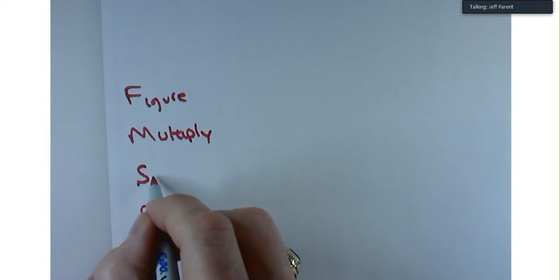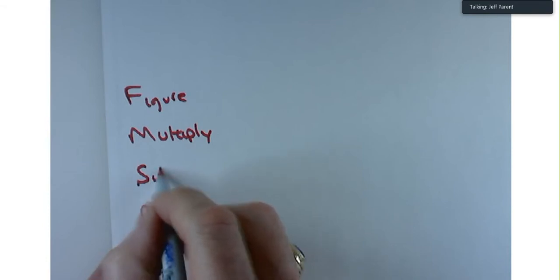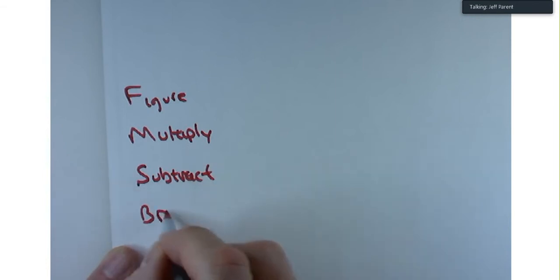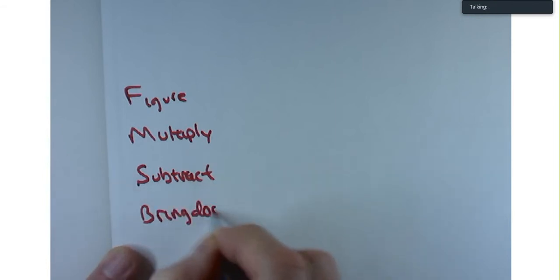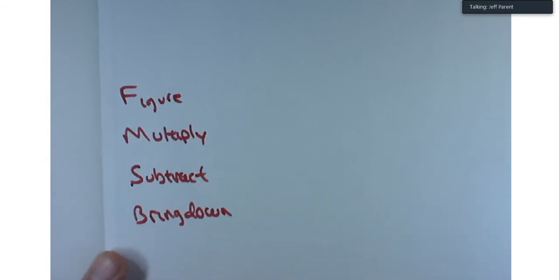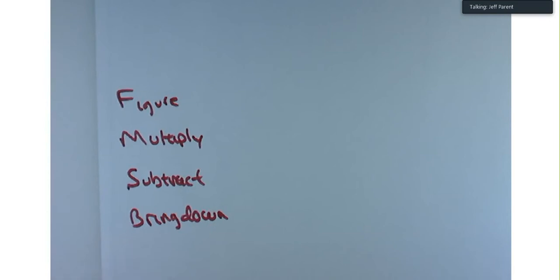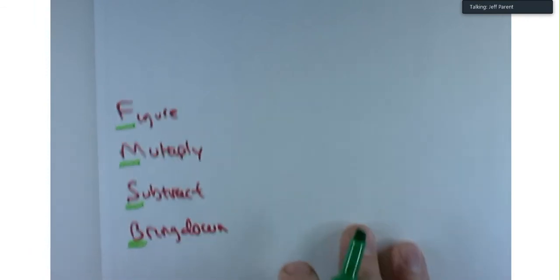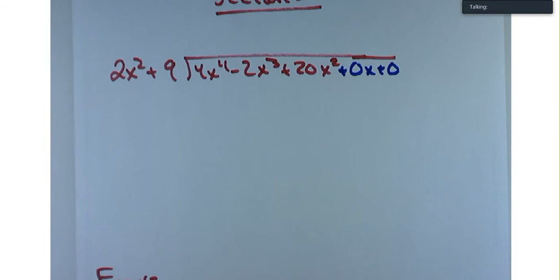S. What operation starts with an S? Subtract. And then finally bring down whatever figure you're going to work with, or whatever figure you need next. So here's your little acronym, father, mother, sister, brother. And let's see how those apply as we work through some of the problems.